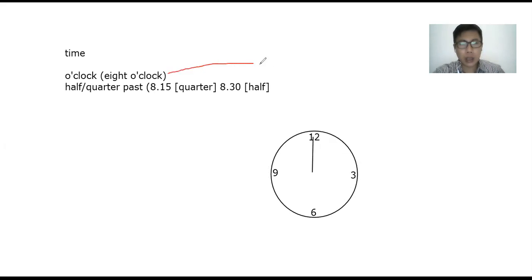A clock is when the longhand is at 12. Now, if the longhand is at 3, that means it is the quarter past.